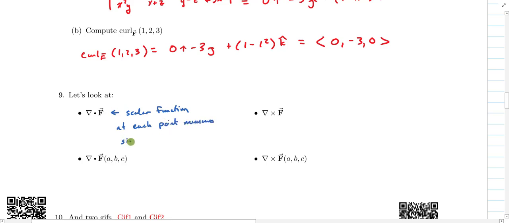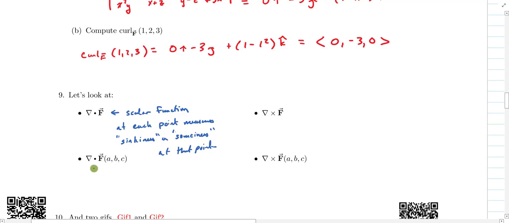the sinkiness or sourciness, I don't even know if those are words, at that point. Okay.